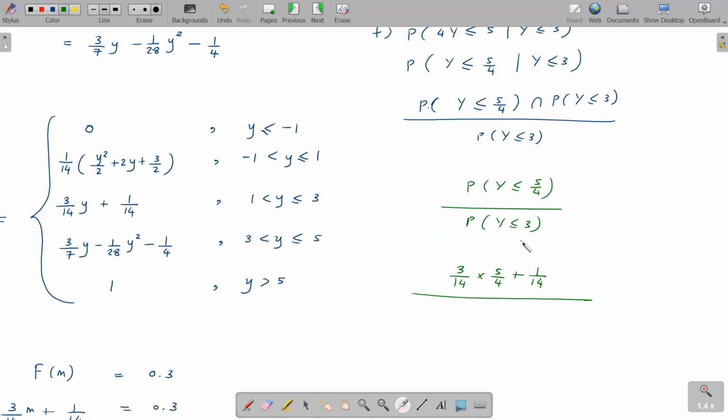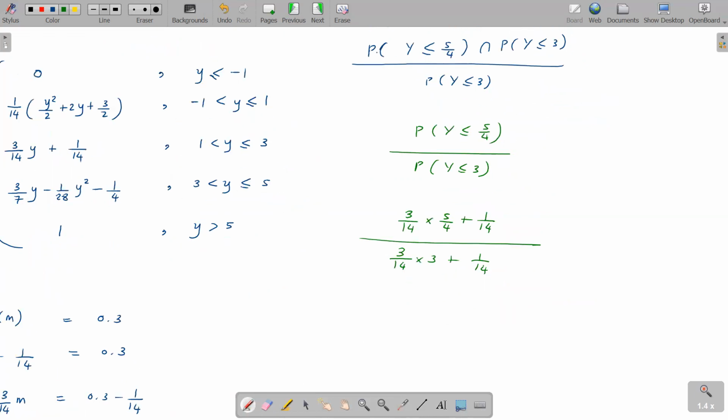For y less than or equal to 3, I believe we found it earlier as well, or else we can come over here and replace y with 3: 3 over 14 times 3 plus 1 over 14. Can I know how much the top answer is first? We'll get it part by part.